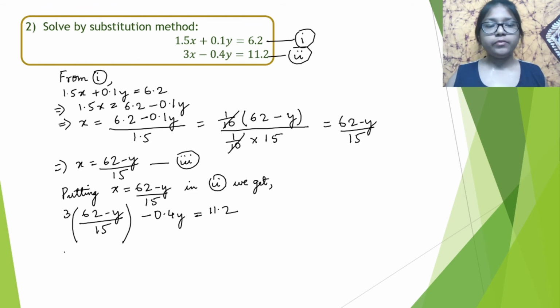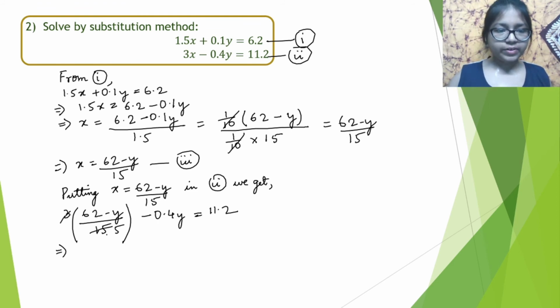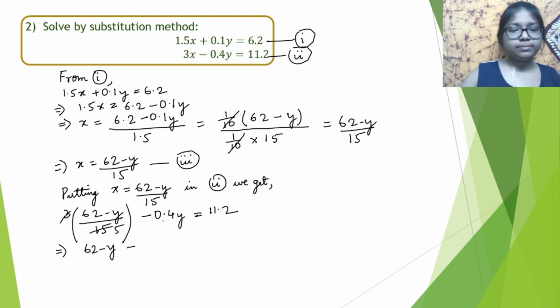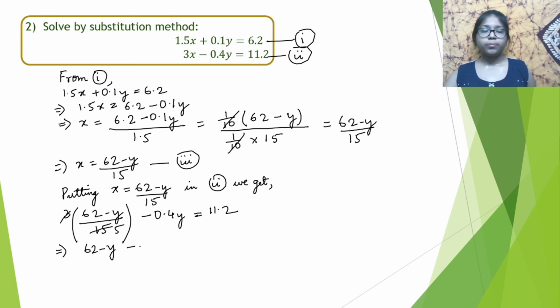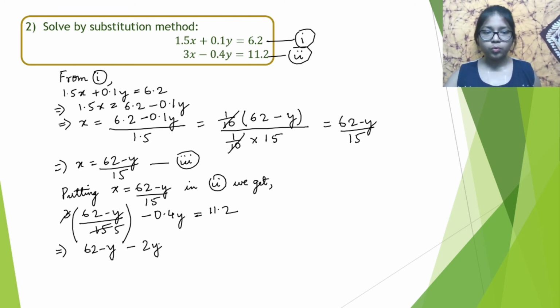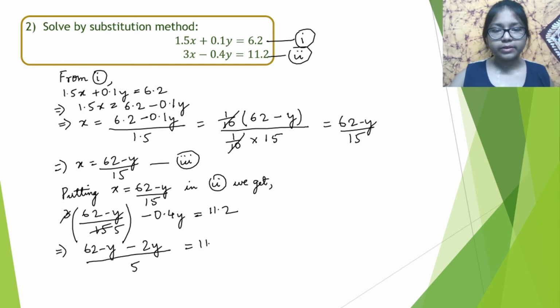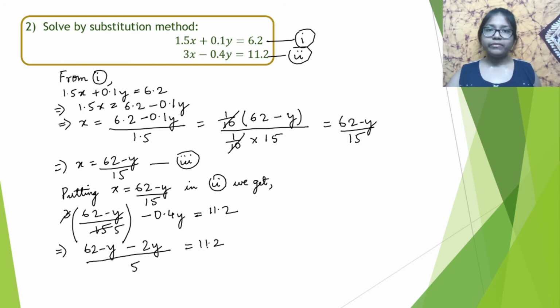Just simplify it and you will get the value of y. So 3 5s are 15. 62 minus y, 5 will be multiplied with 0.4. 5 into 0.4 will give 2. 2y by 5 equals 11.2. Multiply 5 with 11.2.